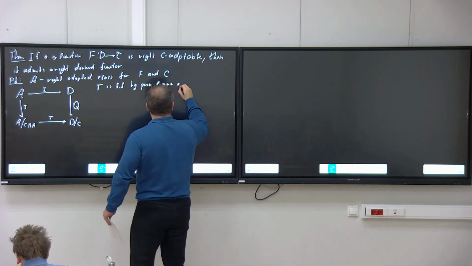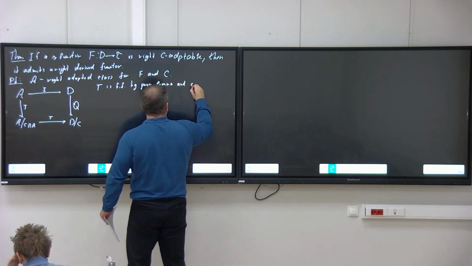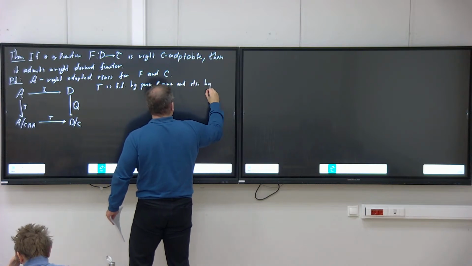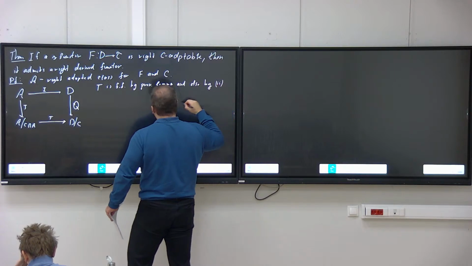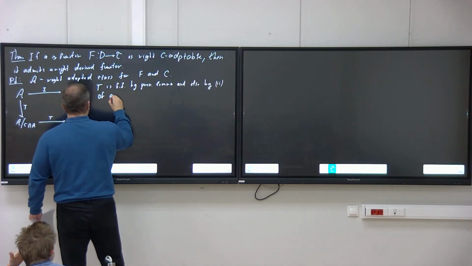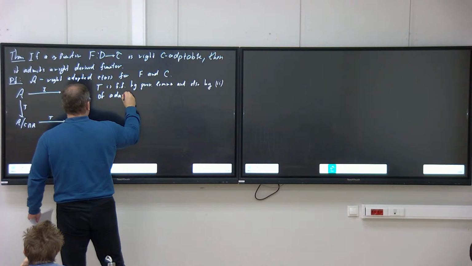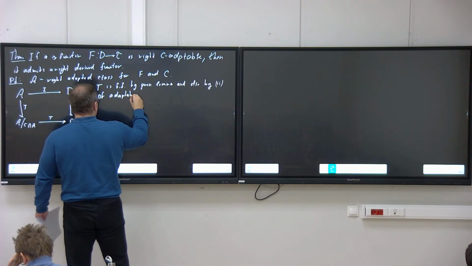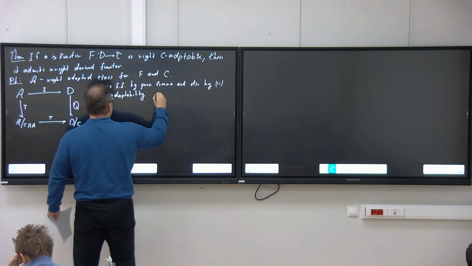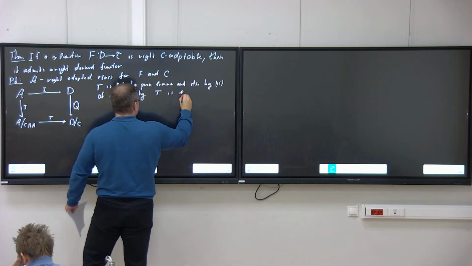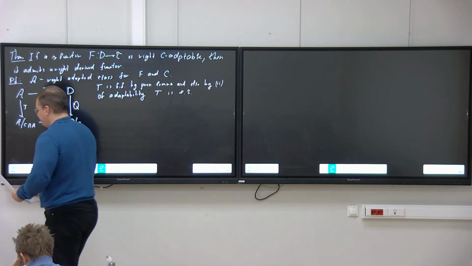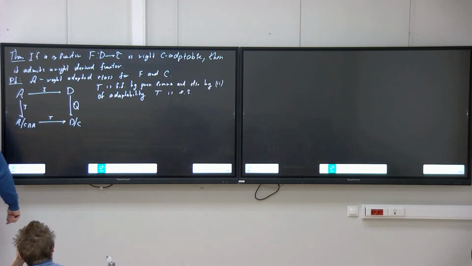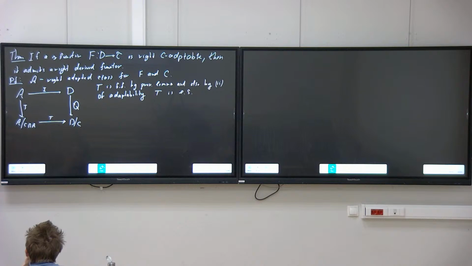And by condition 2 of adaptability, T is essentially surjective. It also follows from the exercise from assignment 1, though I don't use that here.